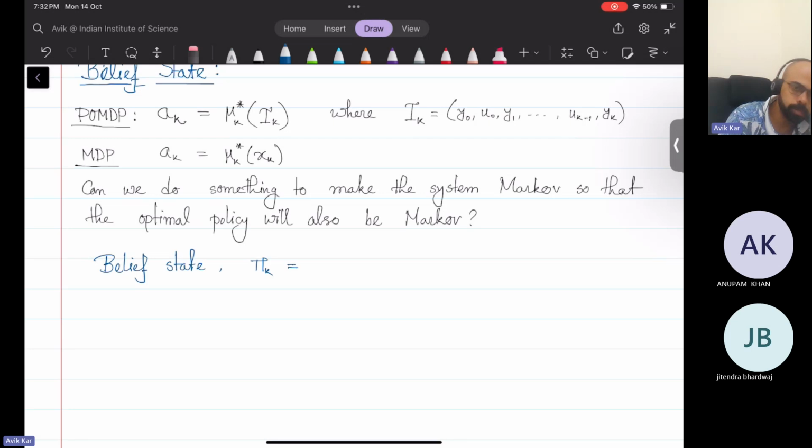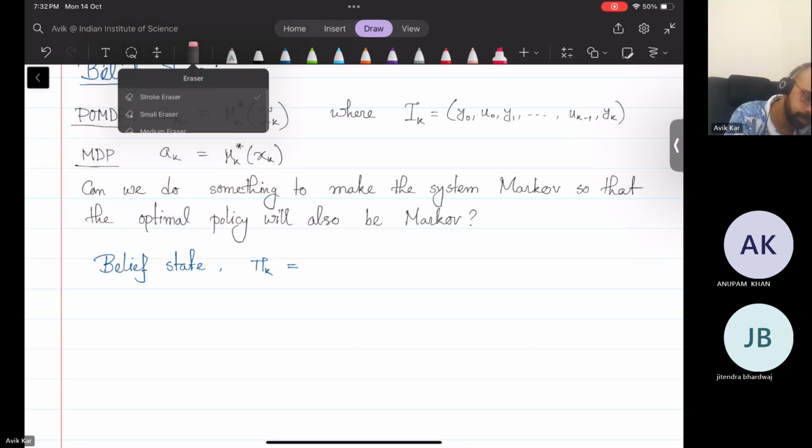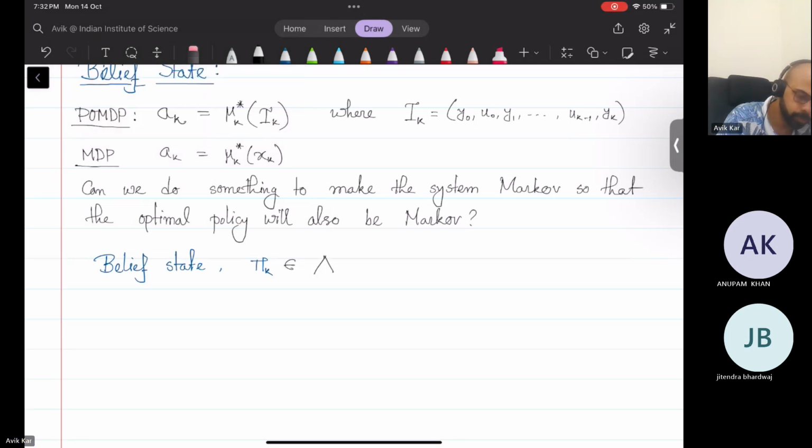This is a probability vector on the simplex. So Δ denotes the simplex over the state space, which means θ belongs to this simplex.